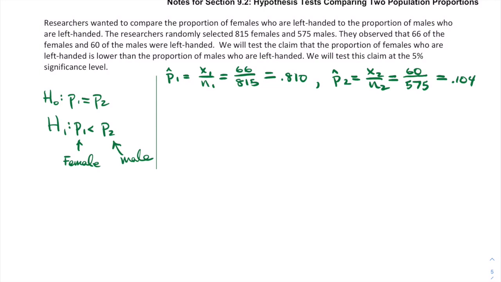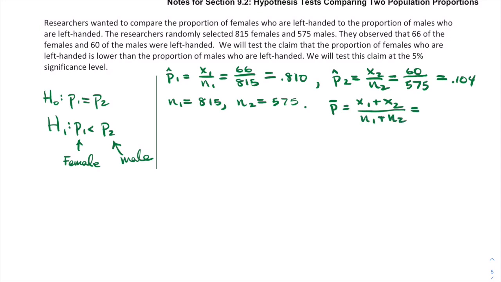Okay. Obviously, n1 is 815. The n2 is 575. At some point, we have to do p bar and a check. We're here, so let's do p bar. That's x1 plus x2 over n1 plus n2.